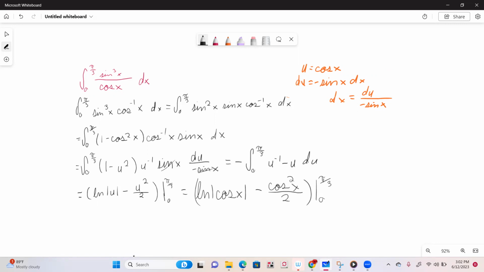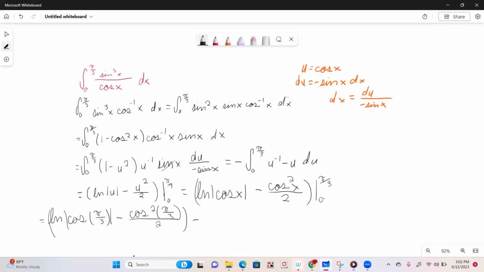This is going to turn into ln of cosine pi over 3, and remember, it's the absolute value when we're integrating, minus cosine squared pi over 3 over 2.